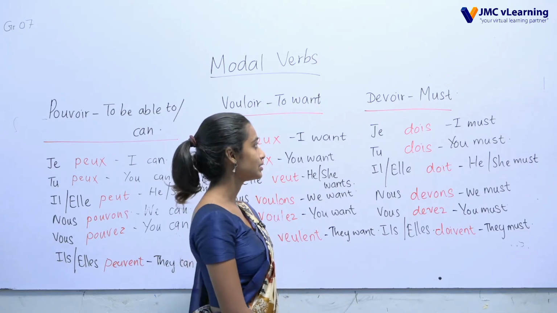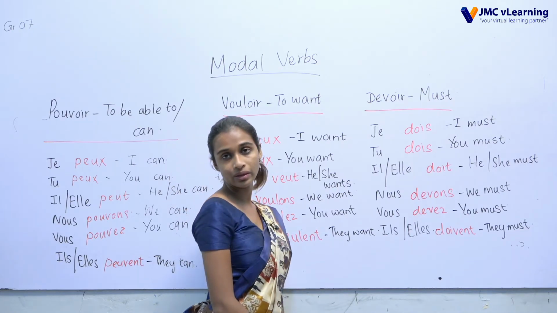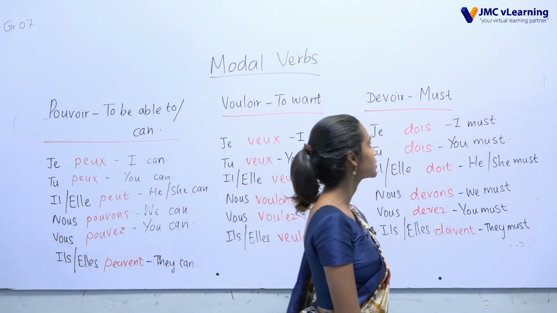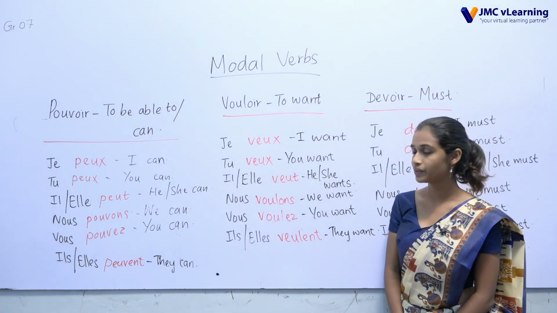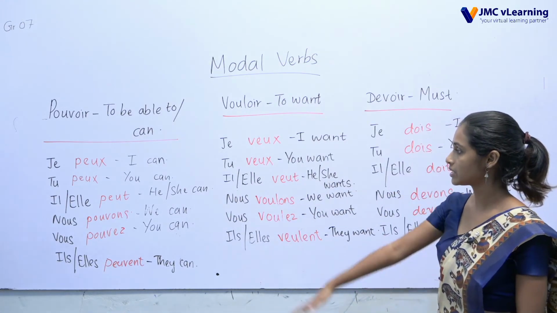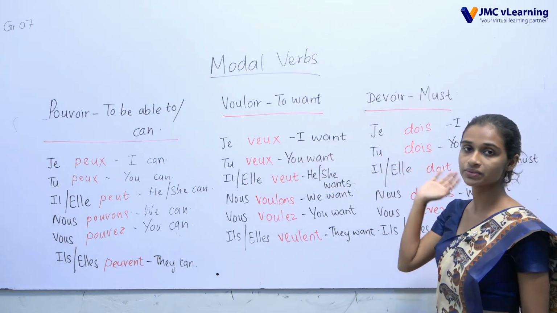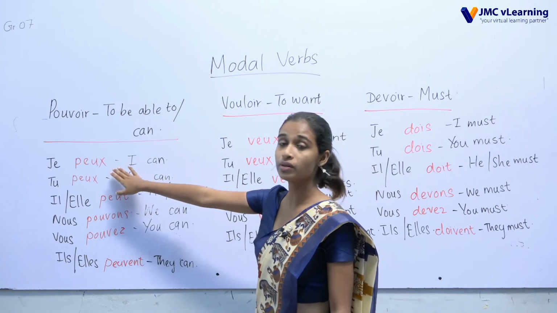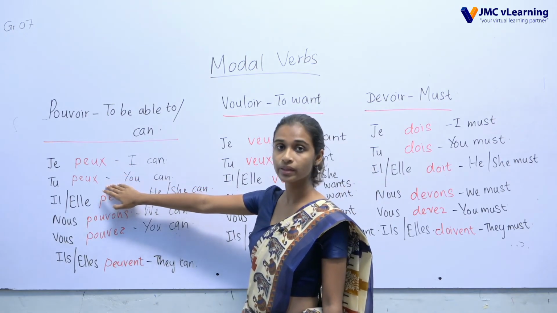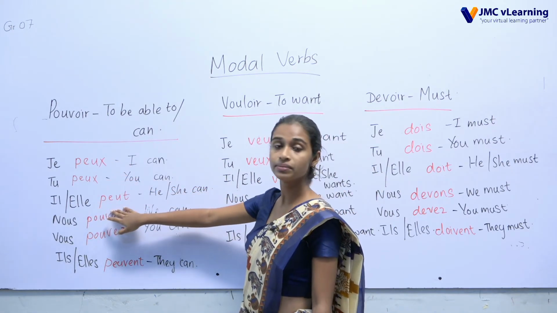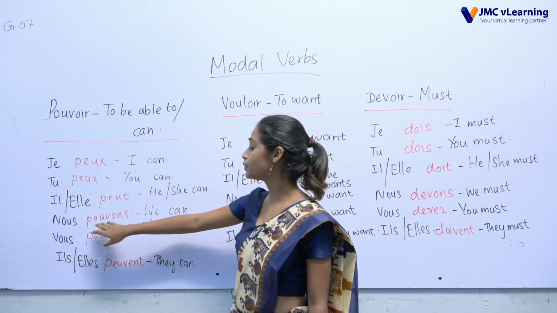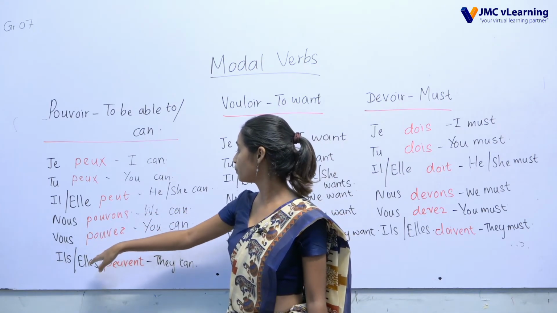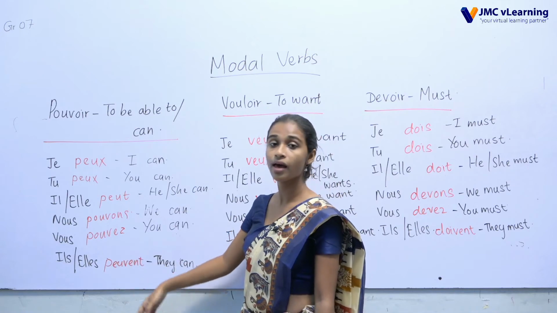Right? So these are the 3 modal verbs of the French language. Okay. So once again we'll read these 3 conjugations. Pouvoir: je peux, tu peux, elle peut, nous pouvons, vous pouvez, elles peuvent.